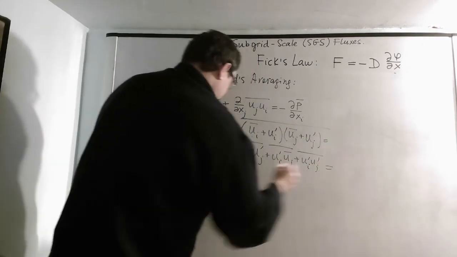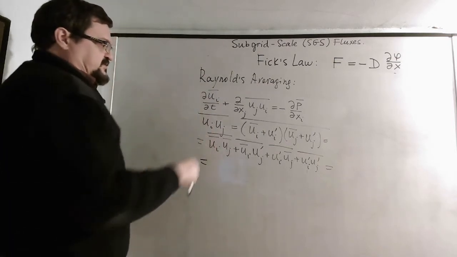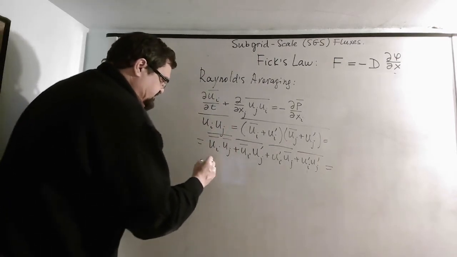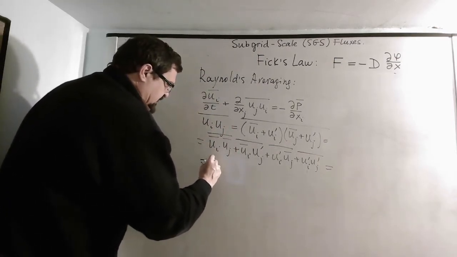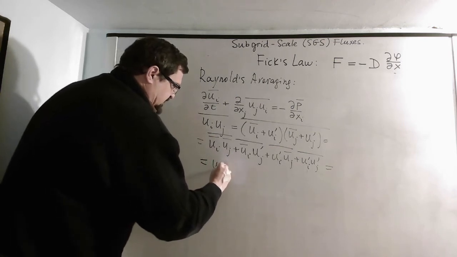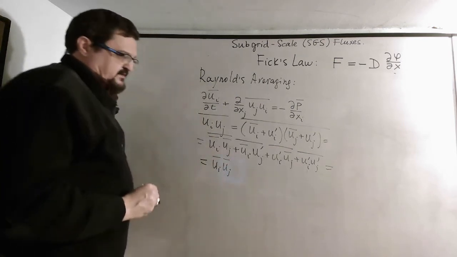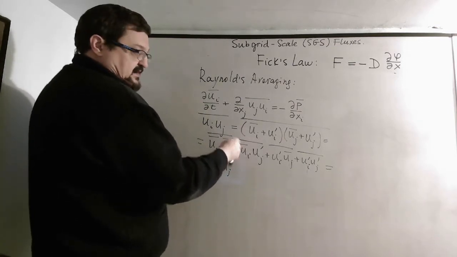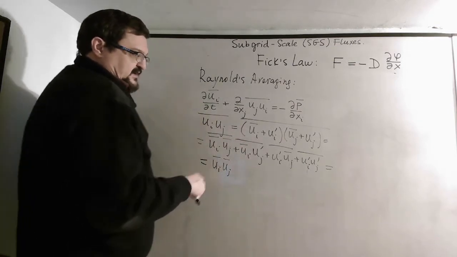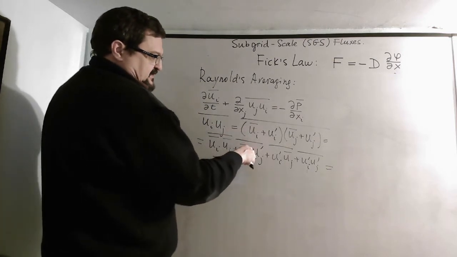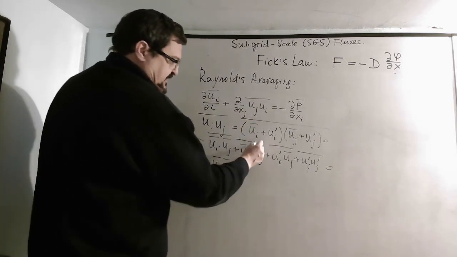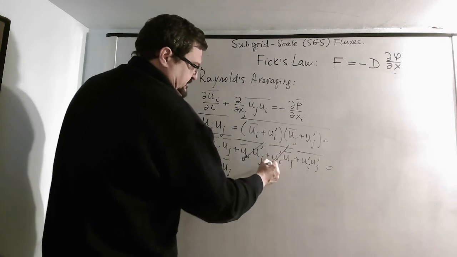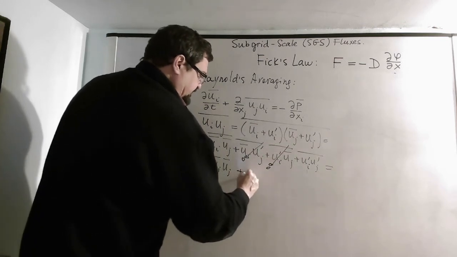If we use our rules, the average of averages is just the average. So it's u_i average u_j average. Now this guy is just a number, an average, so it can be taken outside of the averaging sign, and the average of a perturbation is 0, so this term will disappear and this one also will disappear. So we have the following rule.